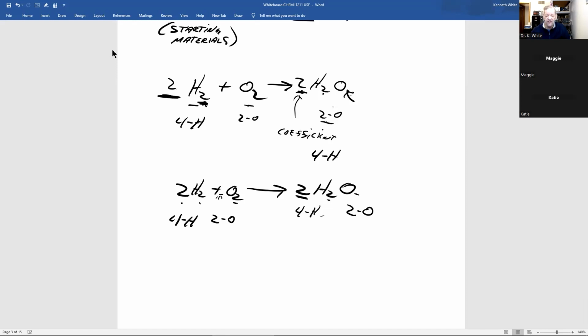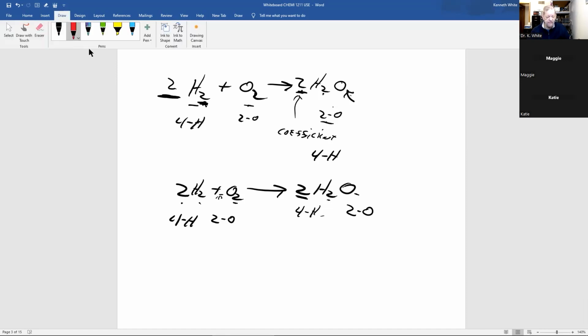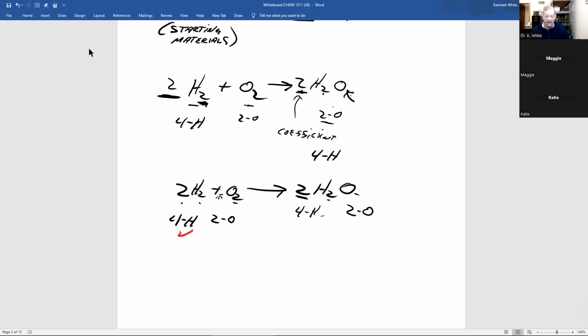And now let's check and see if we balanced it. We have 4 hydrogen on each side. It's balanced, the hydrogen. We have 2 oxygen, we have 2 oxygen. And because both are the same on both sides, hydrogen and oxygen, we have, yay, a balanced chemical equation.